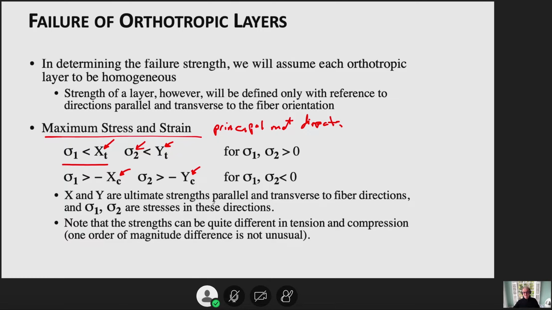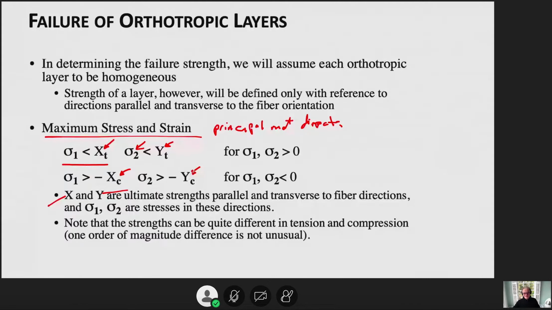So X and Y are the allowable strengths parallel and transverse to fiber direction, X fiber direction, Y matrix direction. And as we said here, XT and XC can be quite different from one another, sometimes even an order of magnitude.